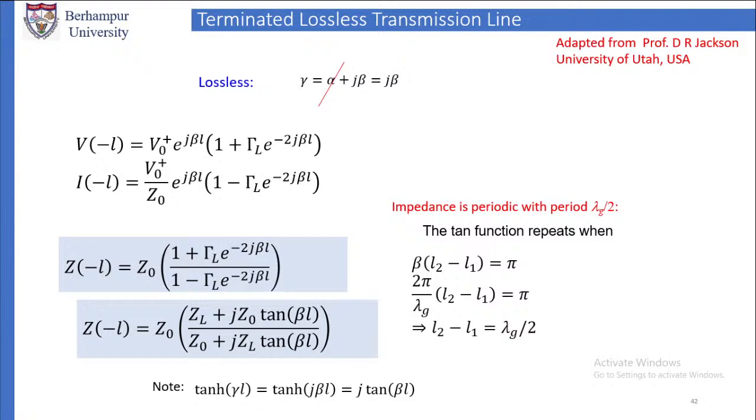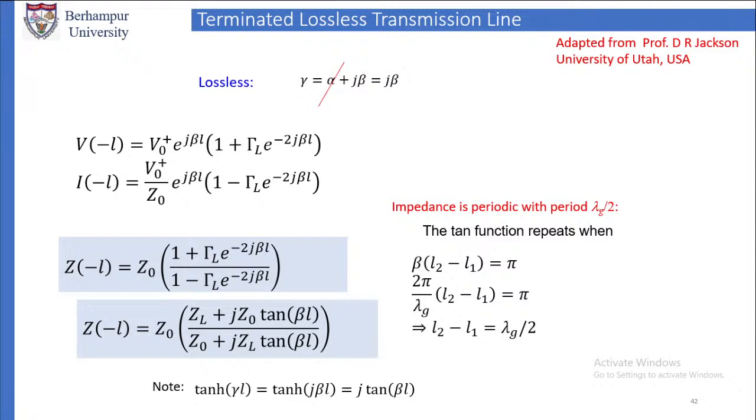As you know, on the x-axis, if you move towards the left side from the origin, then it is negative. If you move towards the right side, it is positive. Since the reference is the origin and we are moving towards the left side, it is negative. That is why we are writing minus L.